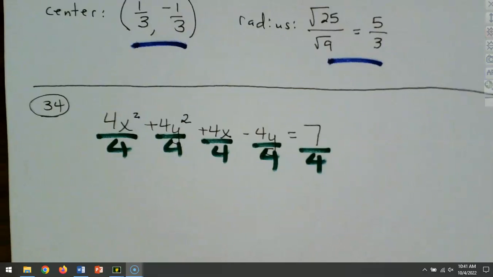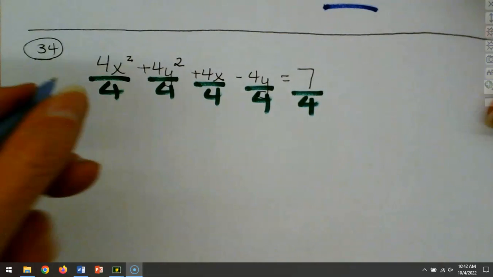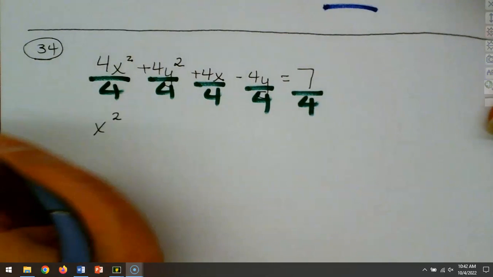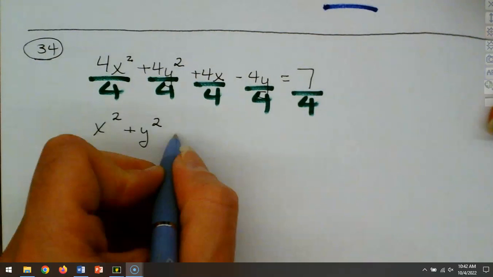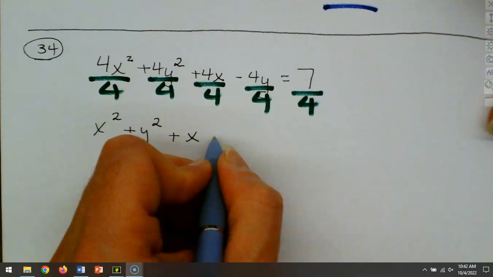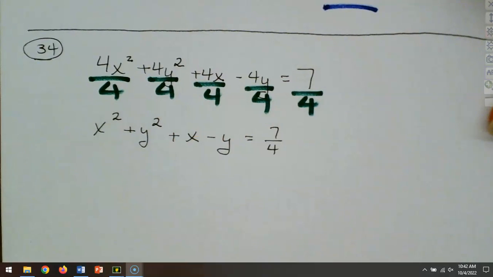Now, when we divide it all by 4, that leaves us with an x squared plus a y squared. And then we've got a plus x, a minus y, and that equals 7/4. So what you need to first do is get rid of the numbers in front. They're always going to be the same. So 3's and 3's, 4's and 4's, 6's and 6's, whatever it might be.